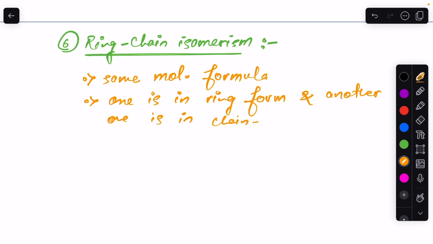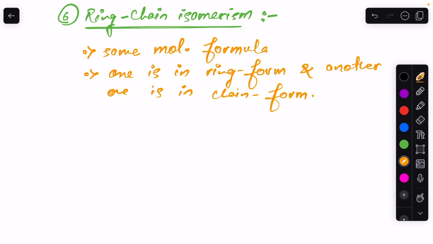So basically, two different compounds of similar molecular formulas will be in chain form and in ring form.